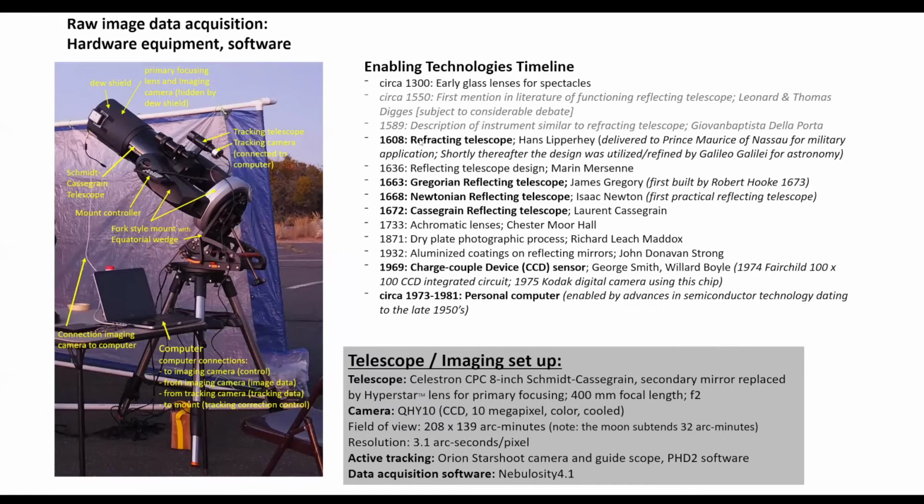Even with all that, you would still be nowhere unless you had both the control and processing power available with personal computers. The personal computer was developed circa 1973 to 1981, enabled by advances in semiconductor technology dating to the late 1950s.